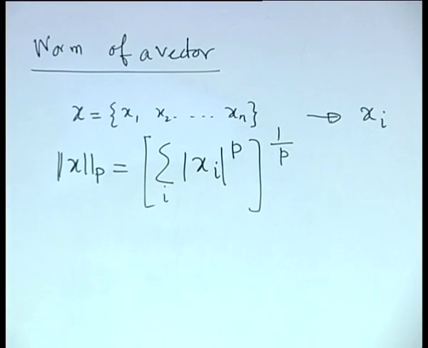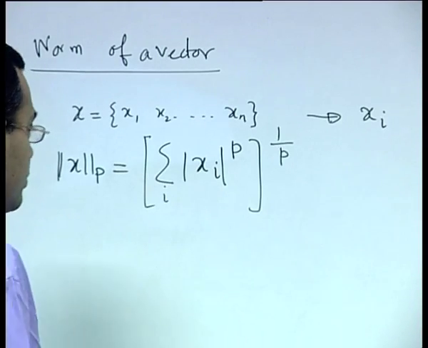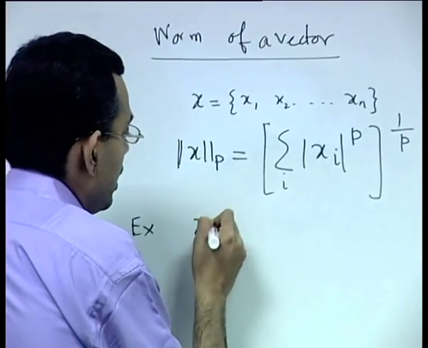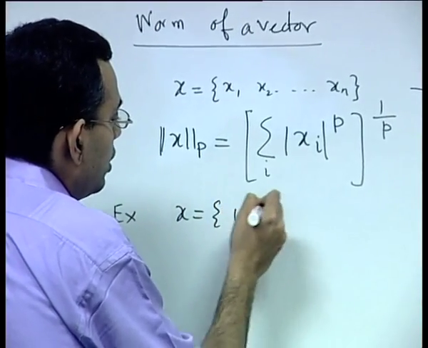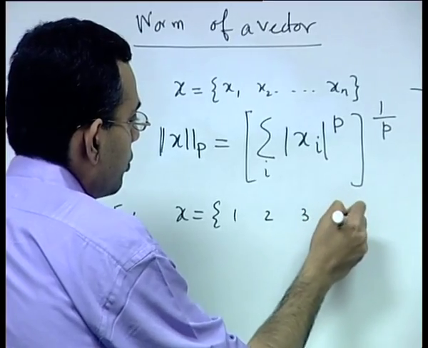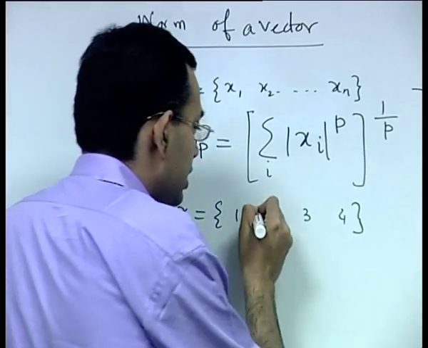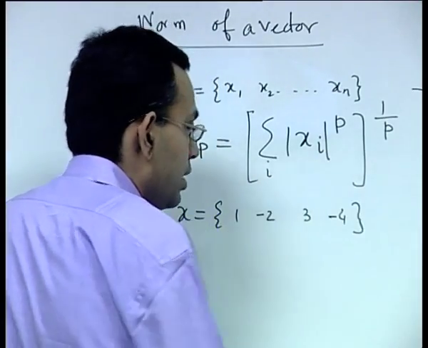Let us take an example to illustrate this. Say x is equal to 1, 2, 3, 4, this vector, or let us put some minus signs: 1, minus 2, 3 and minus 4.